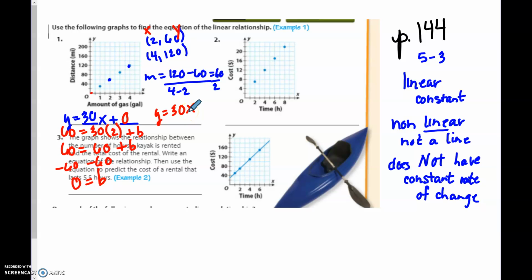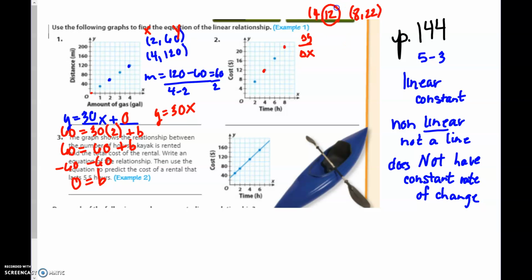All right, going on to number 2. We kind of have to do the same thing. That looks like a good point right there, and that point looks like it's 4, 12. And I'm going to skip and use this point right here, which looks like it's 8, 22. Now I'm going to find my slope. Remember, it's change in y over change in x.